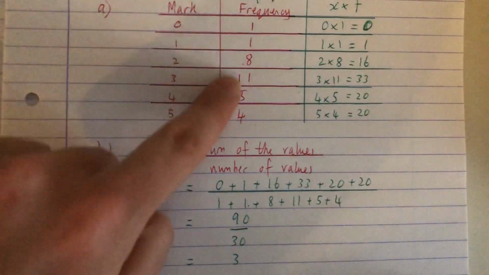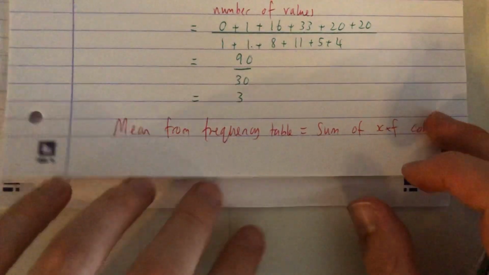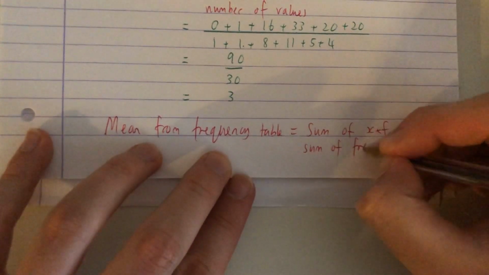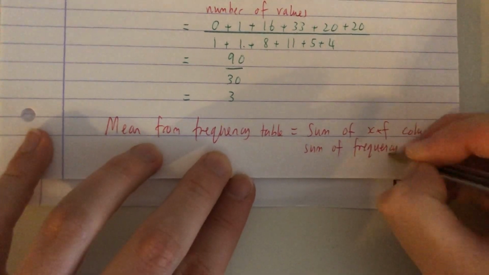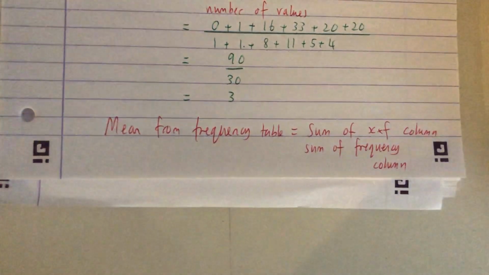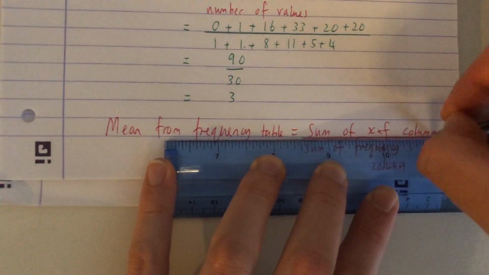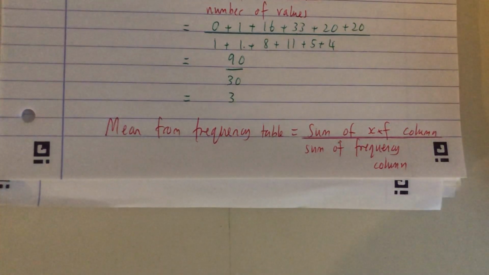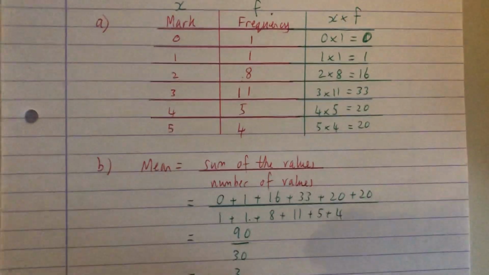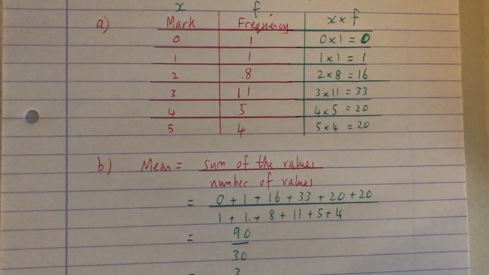It was all of this column added up. So the second column, the frequency column, so the sum of the frequency column, and that would be the fraction. This will work out the mean from any frequency table, provided that you add in that extra column, first column times second column, this X times F column.